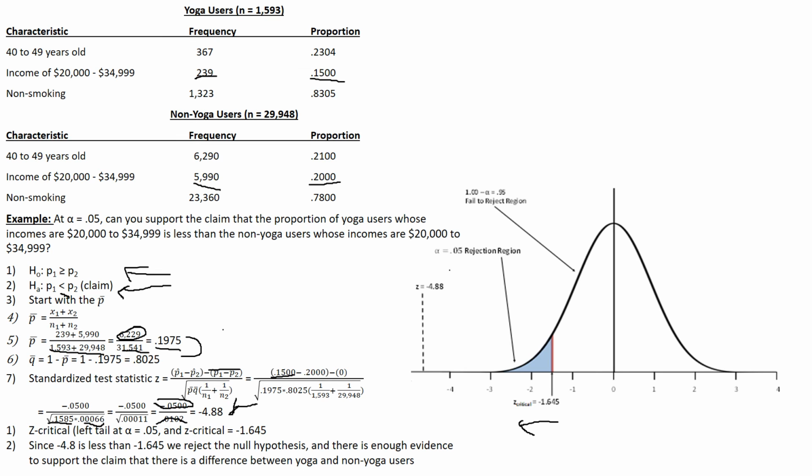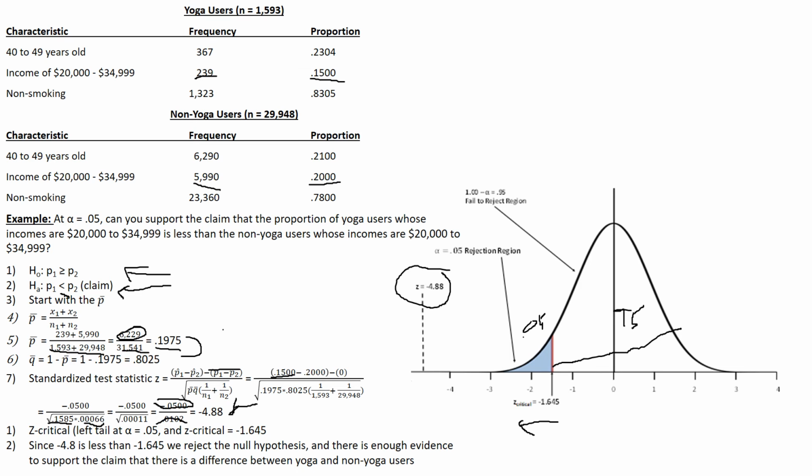Negative 4.88 is right here, and we are looking at a 5% rejection, one-tailed. 5% rejection means 95% is right here, all the way from here, which means this is 0.05, or 5%.